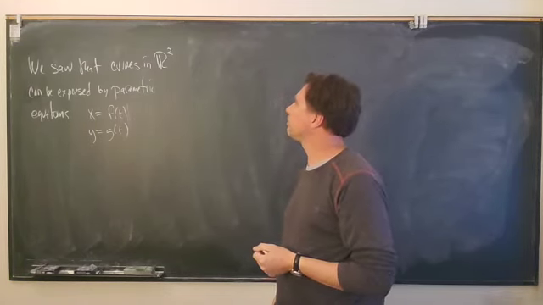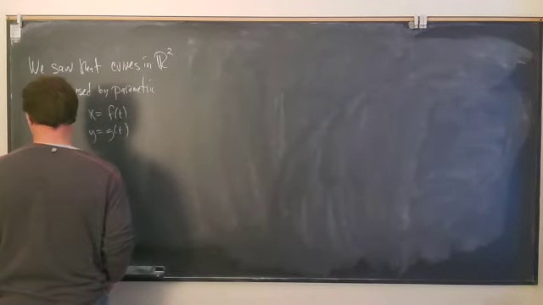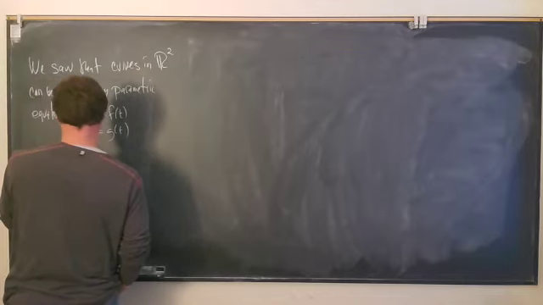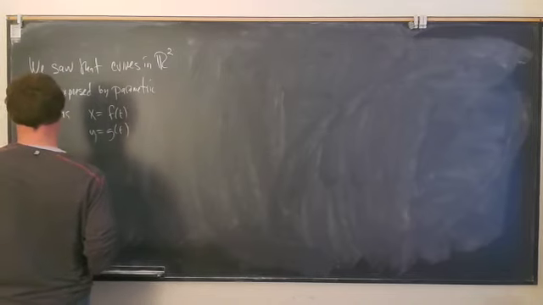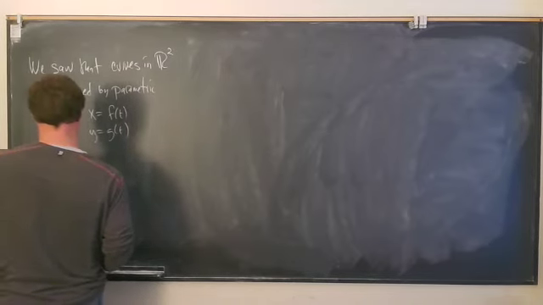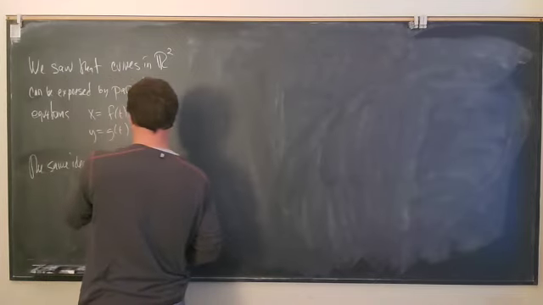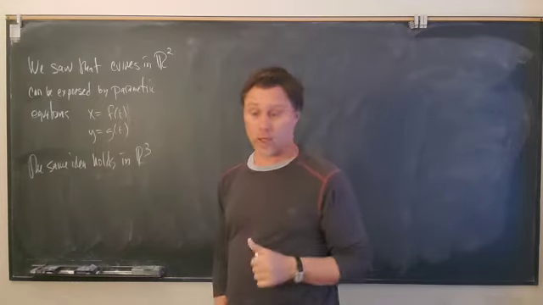Now, we can do the same thing in R3. So the same idea holds in R3, meaning that we can have a curve described by three parametric equations now, right?